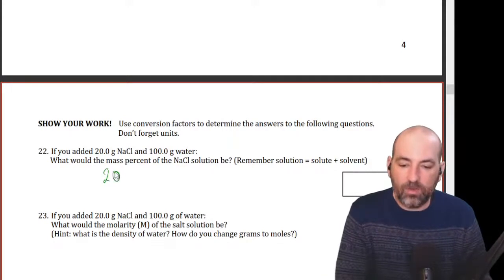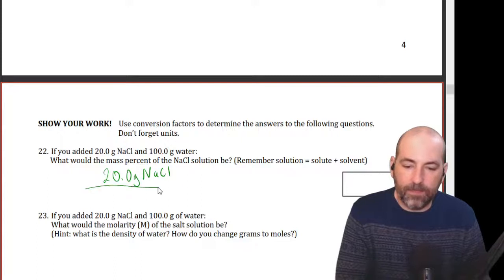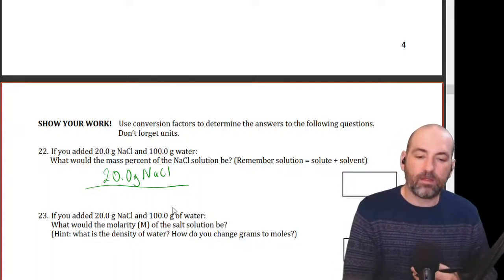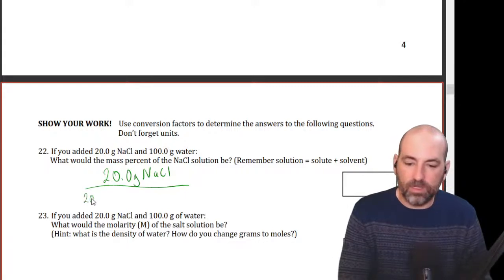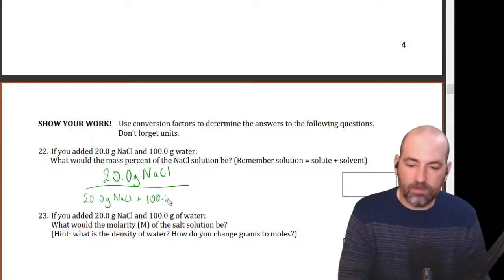So we've got 20 grams of sodium chloride on top. And the bottom, we want to be the entire mass of the solution. So this is going to be 20 grams of sodium chloride and the 100 grams of water.